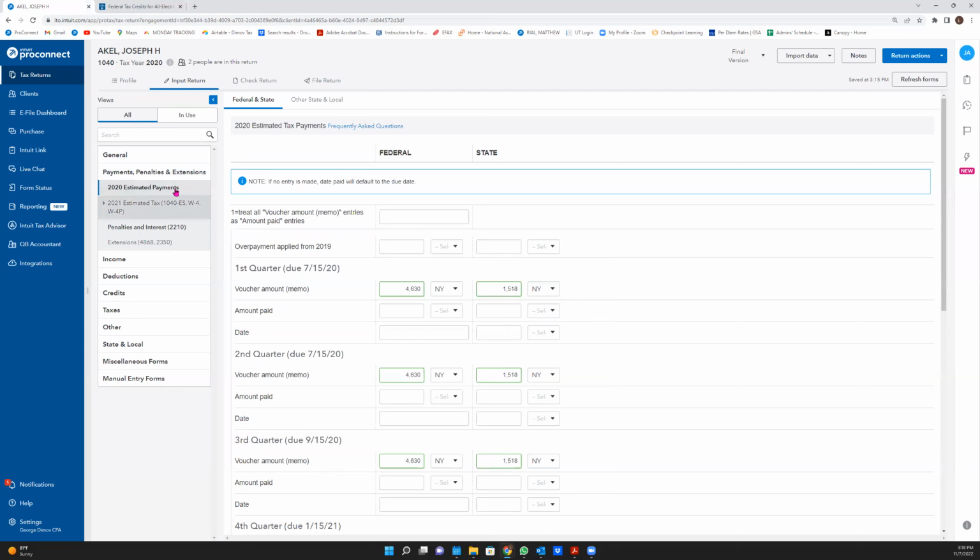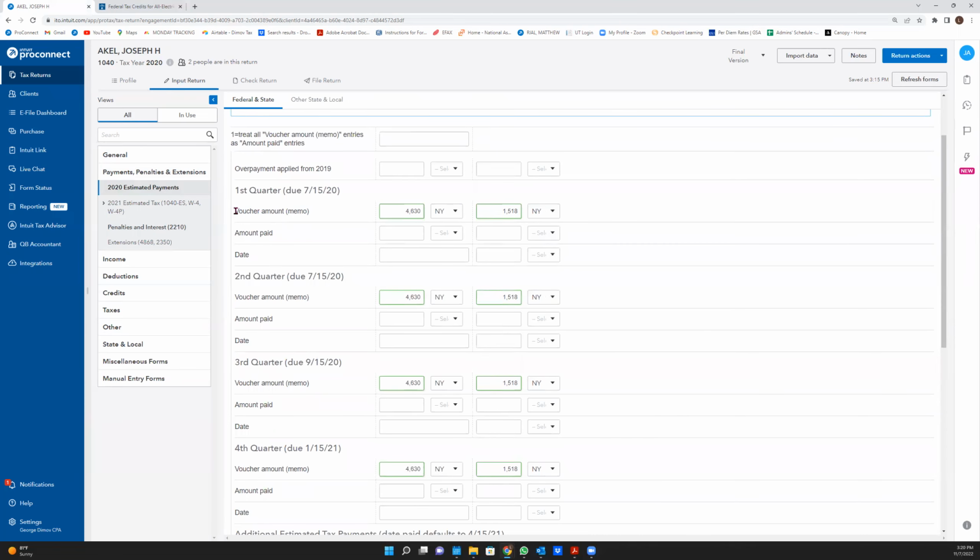This is where you will see, if it's a client from a prior year, these filled out: voucher, amount, memo, okay? This lets you know that, since this is, let's say, the 2020 tax return, for the 2019 tax return, when the person was filing, we suggested that they do estimated tax payments, okay?